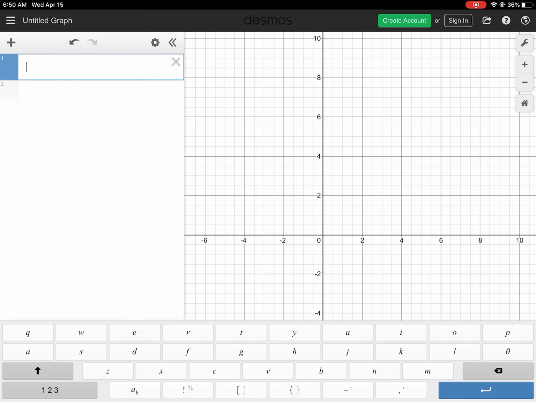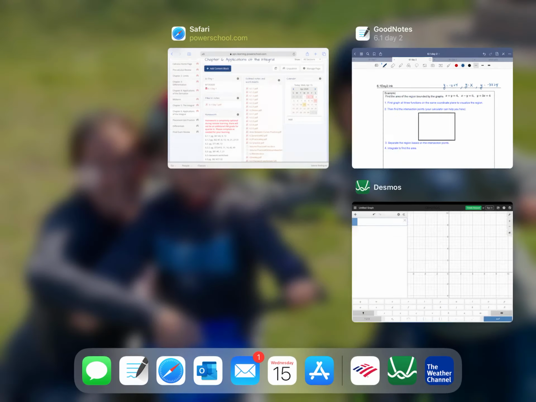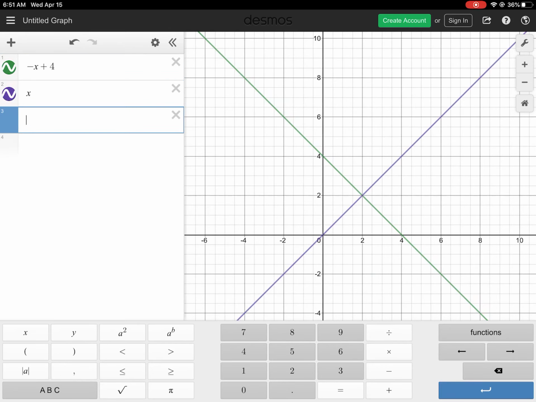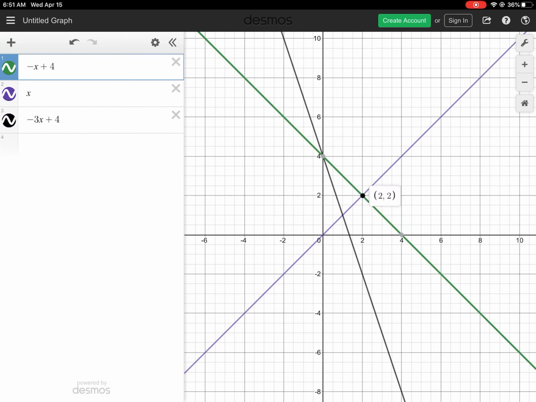So I'm going to get the pictures of each of these 3 graphs. Again, they're linear, so we're going to be creating a triangular space again. The 3 x coordinates that are meaningful to us right now are 0, 1, and 2.